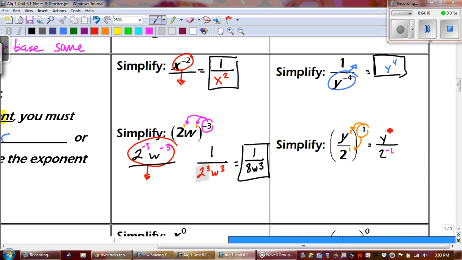Okay? If your exponent's negative, you drop it like it's hot. If it's already on the bottom, you bring it to the top. Okay? So my y is on the bottom. My 2 is on the top. Both of those exponents are 1. And there's nothing else we can really do with it. So that's our final answer, 2 over y.